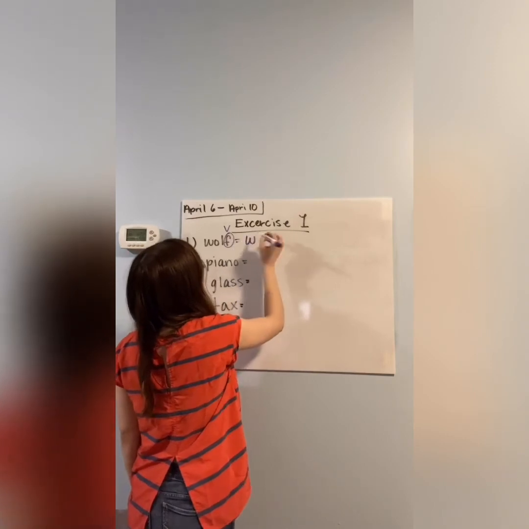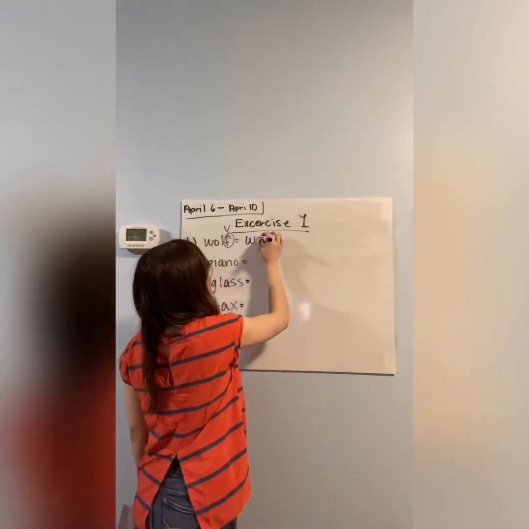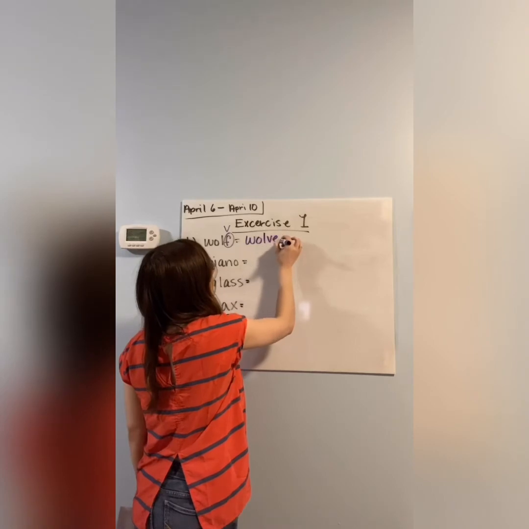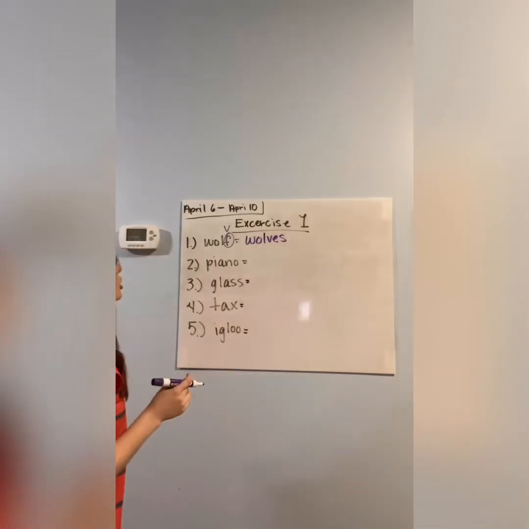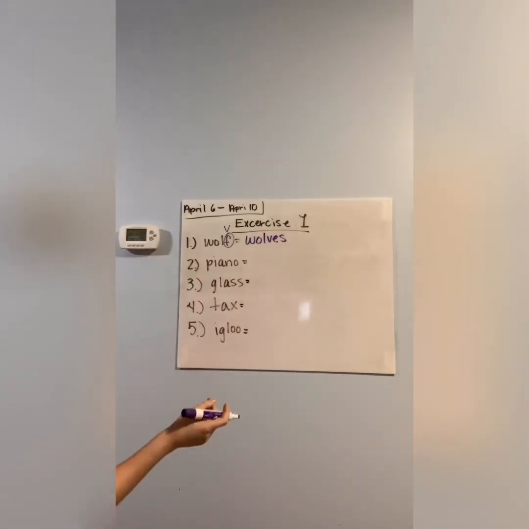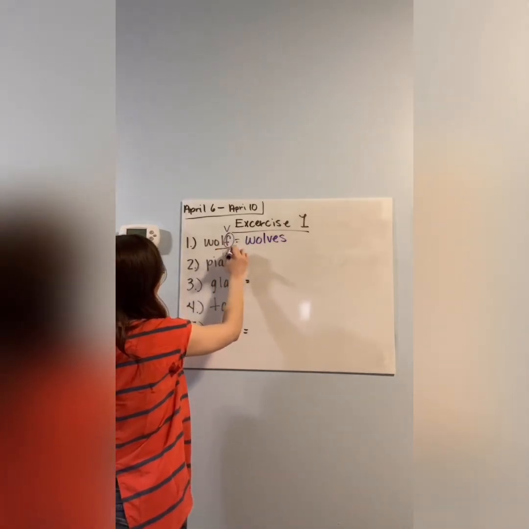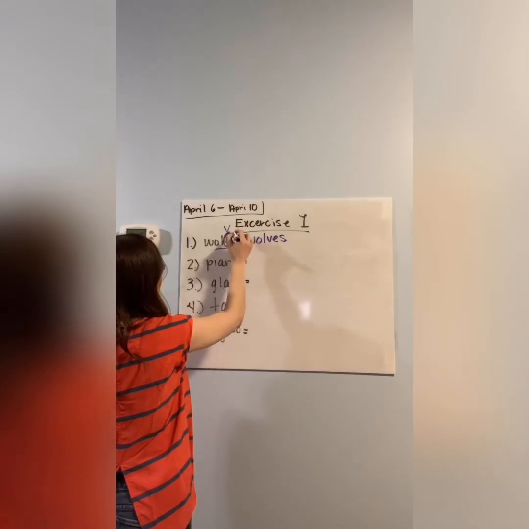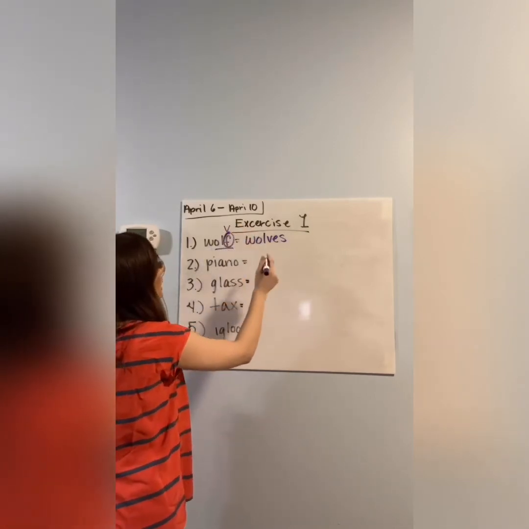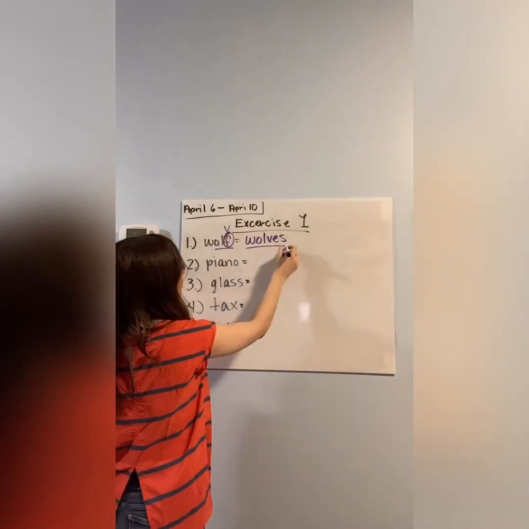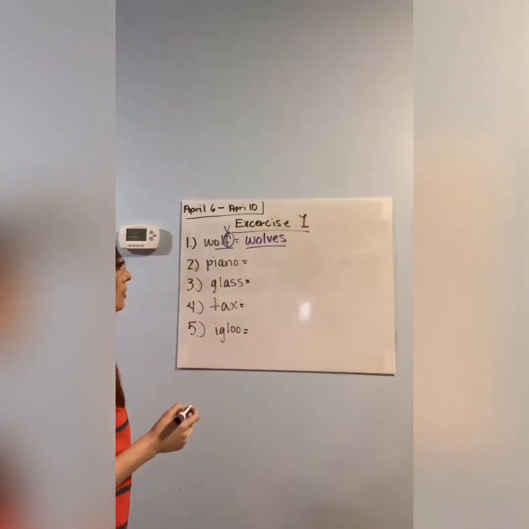So the plural word for wolf would be wolves, W-O-L-V-E-S, wolves. Again, we made it plural because the word ended with a vowel followed by an LF, so we had to change that F to a V and then add an ES to make it plural.